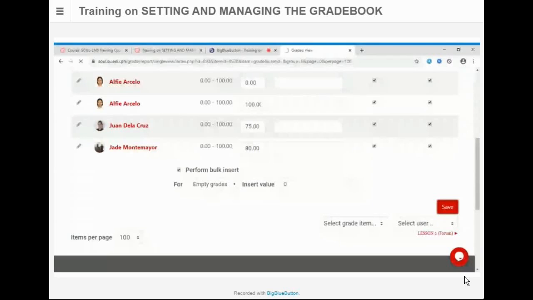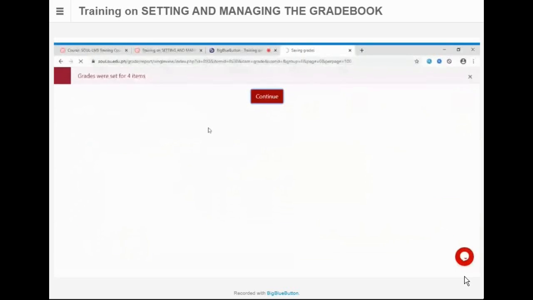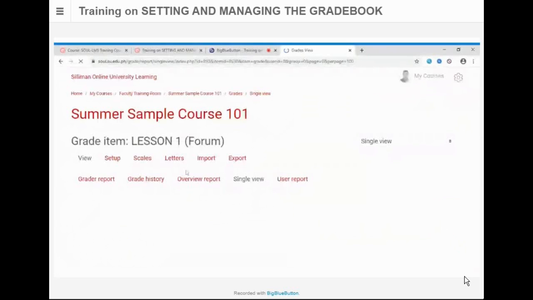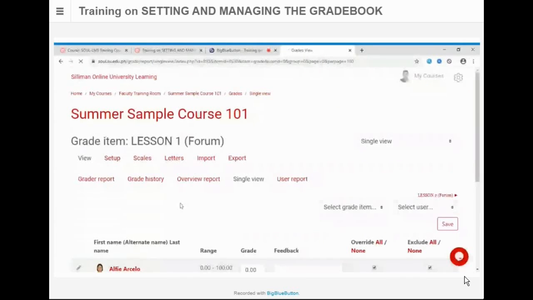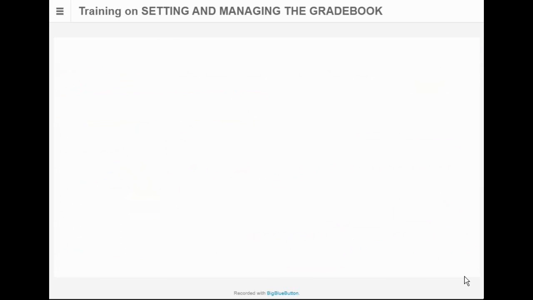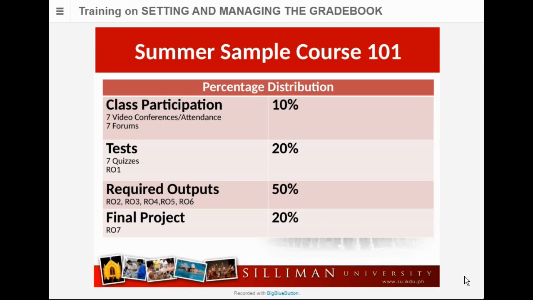Okay. So for items, okay, so what will happen is that if we go back to the grader report, what will happen if I exclude all none?